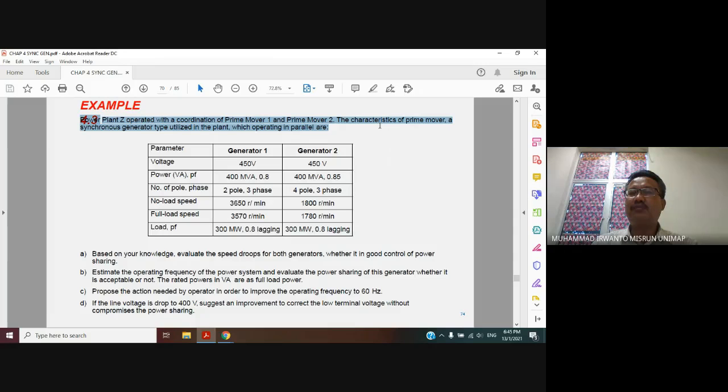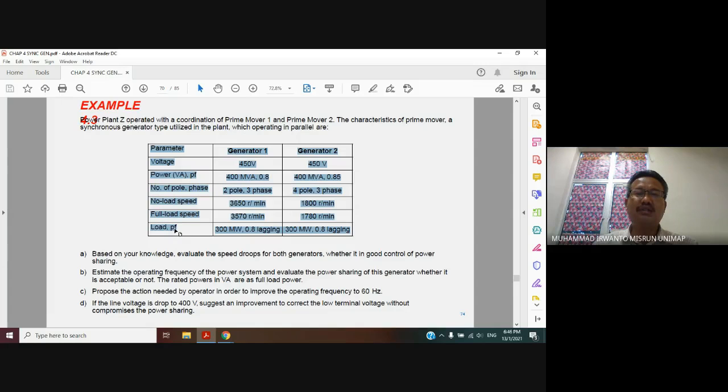The characteristics of the prime movers and the synchronous generator type utilized in the plant, which operate in parallel, are listed here. The parameters of the three phase generator are given: the voltage, power in VA with the power factor, number of poles and phase, no load speed, and full load speed.